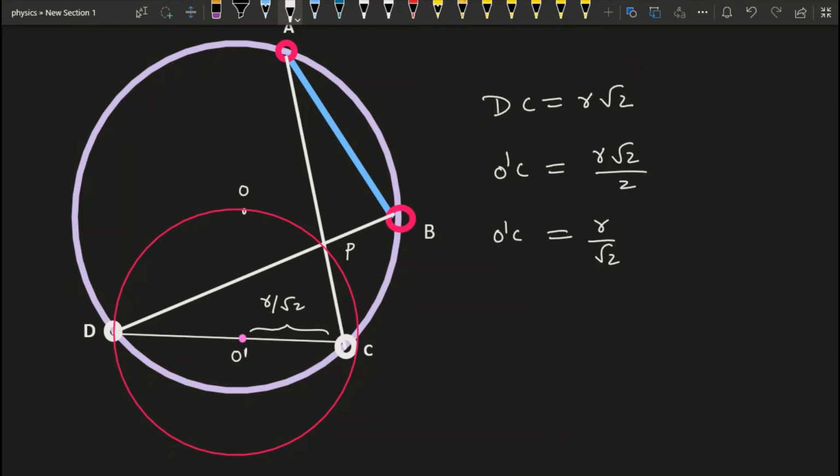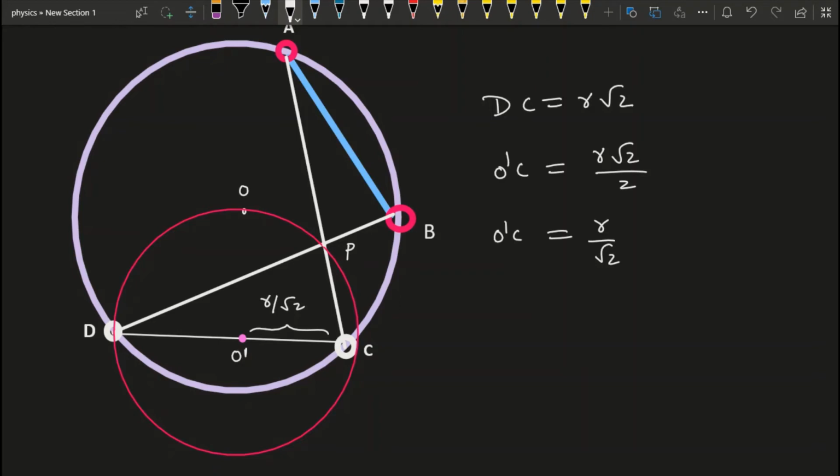Clear or not? So the point P is moving on a circular path of radius r by root 2. So this is the most important point. So locus of point P is a circle with center as the midpoint of DC.